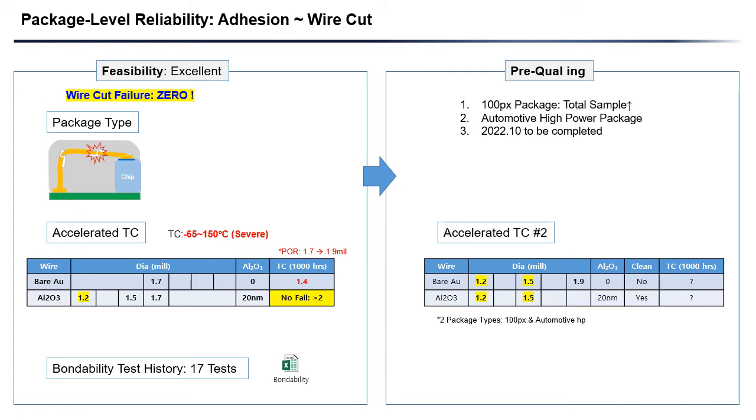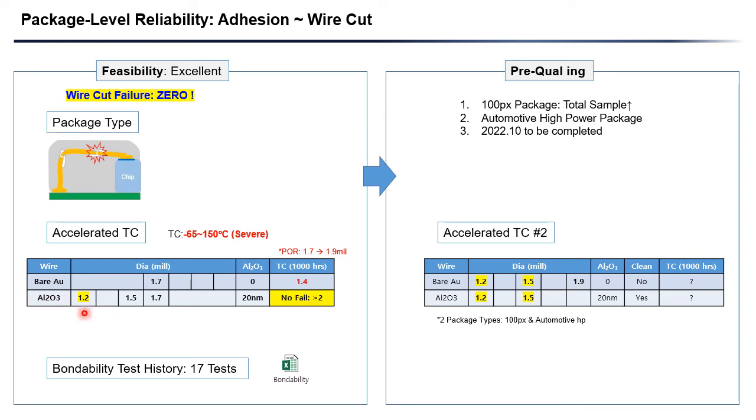Reliability testing was done for the packages susceptible to wire cut failure mode during accelerated thermal cycles. Very serious temperature swing from -65 all the way up to 150 degrees C. The conventional wire started to fail at 1400 cycles. However, aluminum oxide coated wires survived more than 2000 thermal cycles.